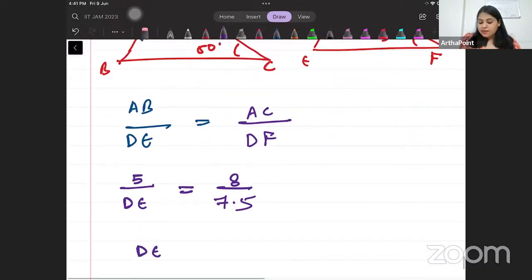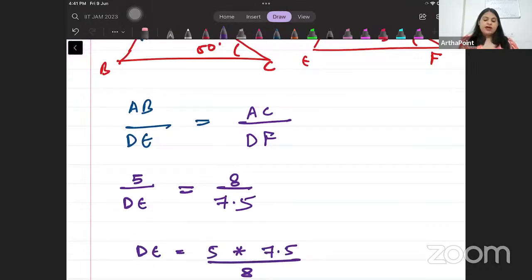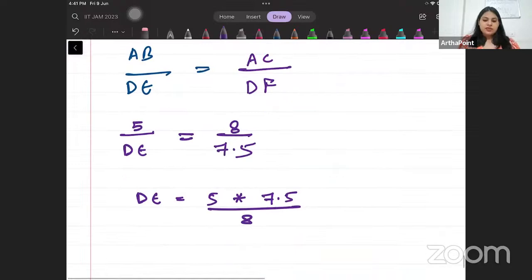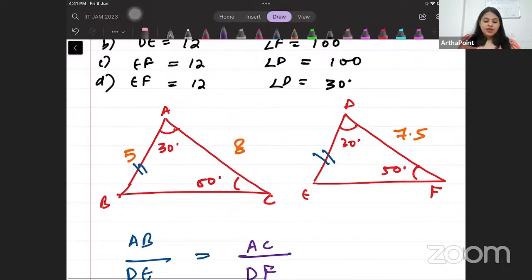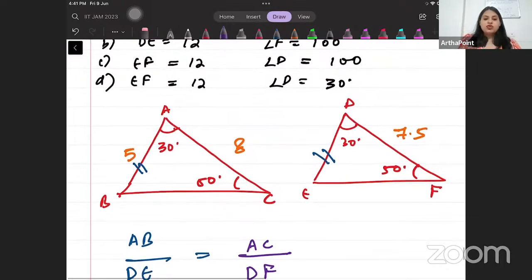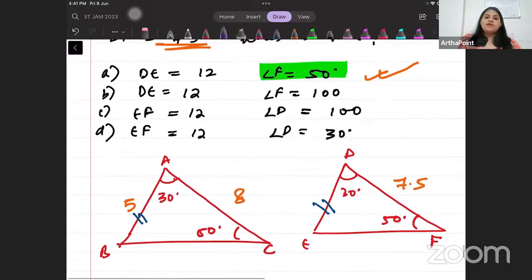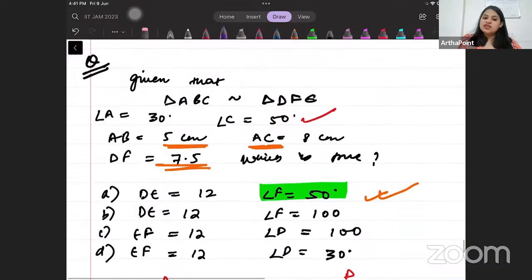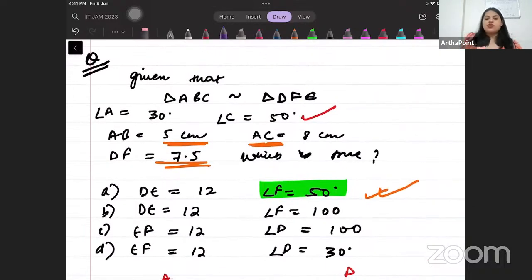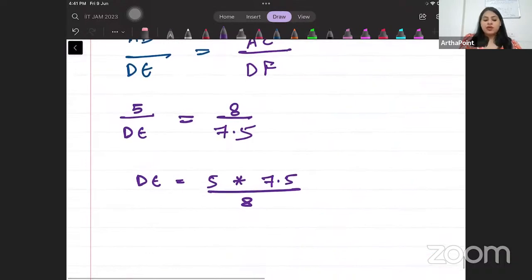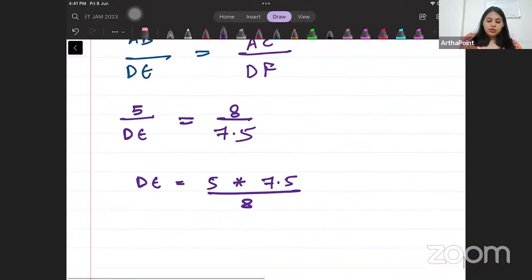So what will be DE? 5 into 7.5 divided by 8. Right? This will be 5 into 7.5 divided by 8. That will be your DE. This is how you can find the properties. Is this clear? वैसे तो हर एक में उन्होंने 12 भी दिया हुआ, but still you should be able to do it. Okay, now let us go to the next question, beta.